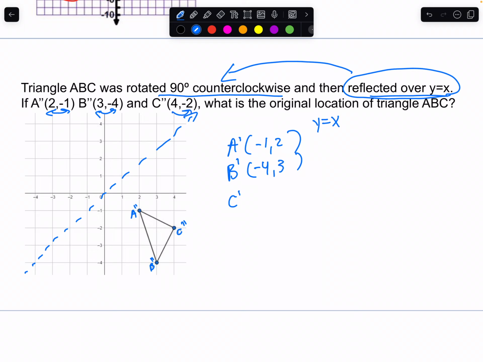And for C, I get -2, +4. As I graph those, you'll see how -1, +2 is on the exact opposite side of that line. B prime is -4, 3. And then C prime is -2, 4.